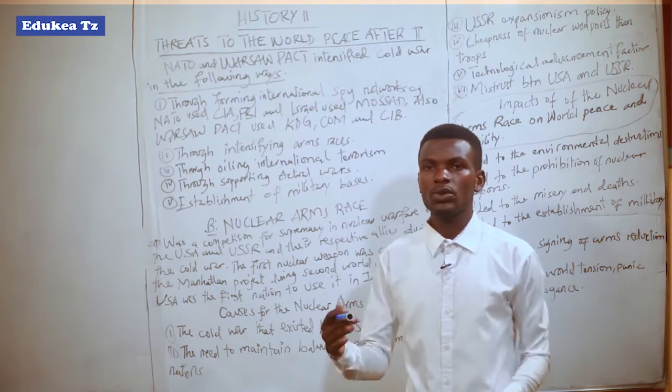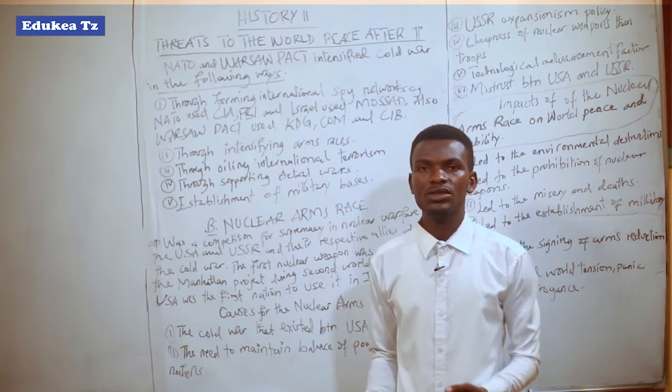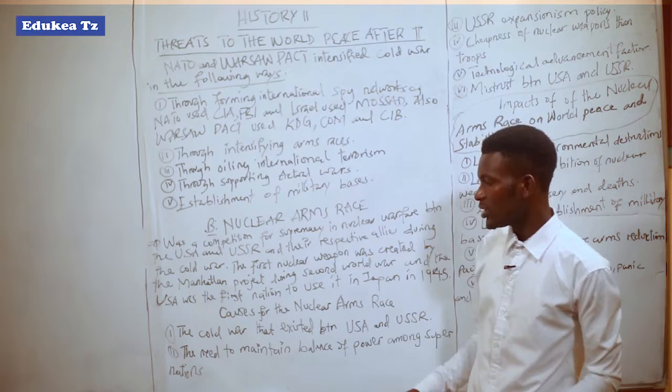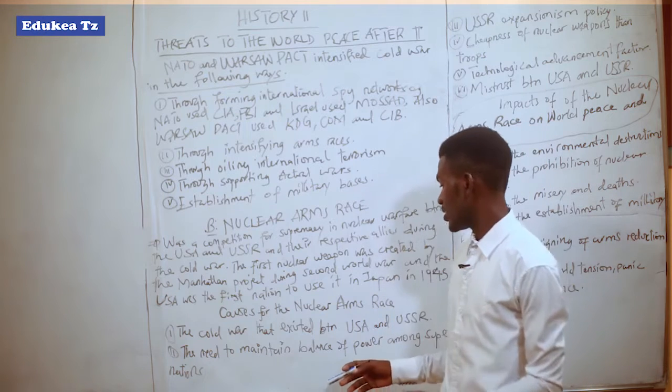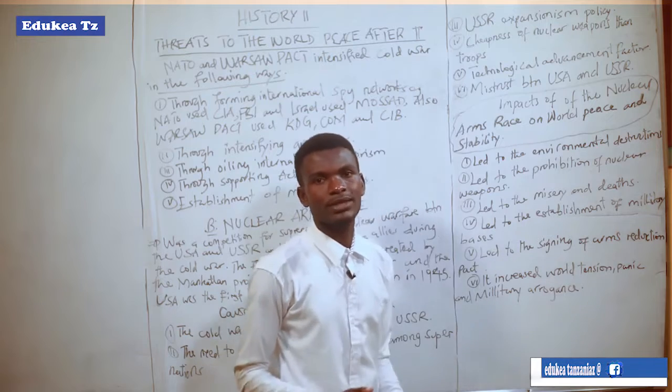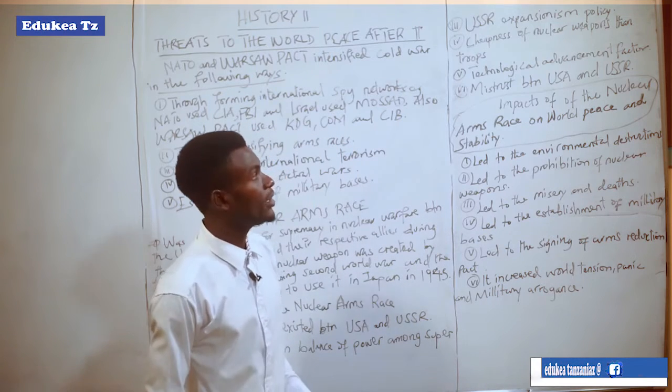So you can see it was a continuation of competing in the production of nuclear weapons. They wanted to maintain the balance of power among themselves, though that led to the nuclear arms race.